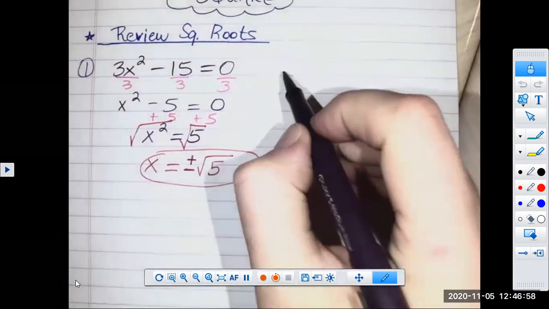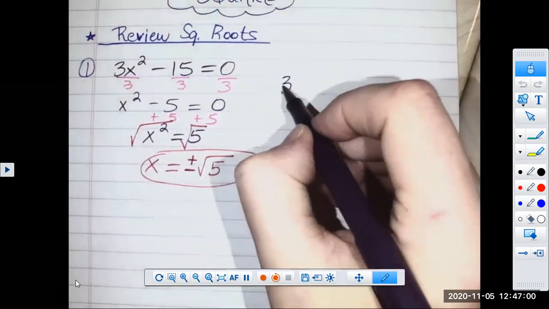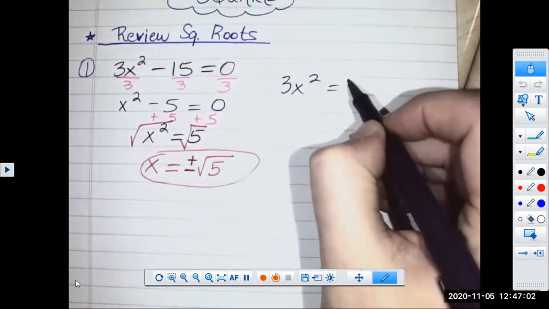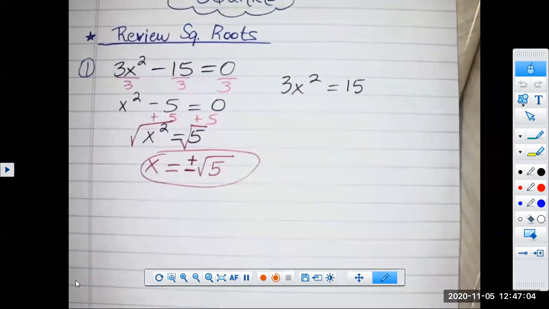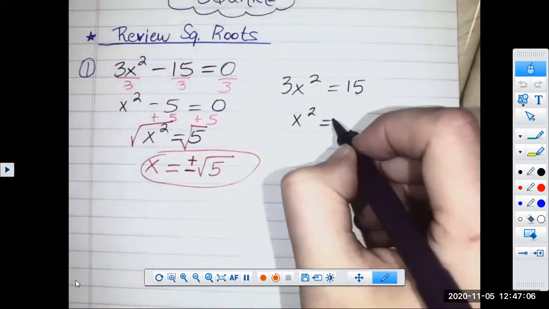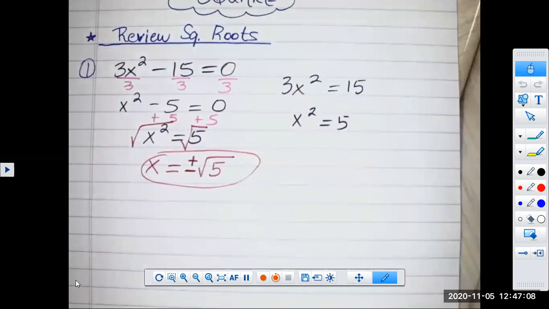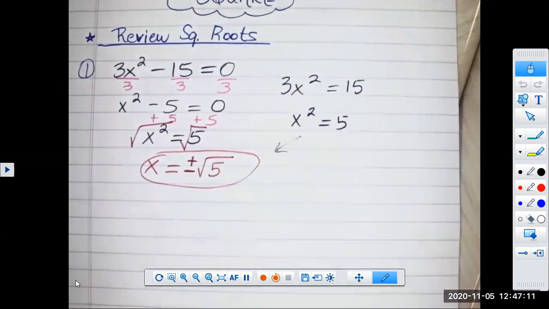Okay, another thing you could have done, you don't have to write this down, I just want to show you really quick. You could have added 15 to both sides first, and then divided by 3, and then of course taken the square root. So either way, you can divide, or you can add and subtract first.